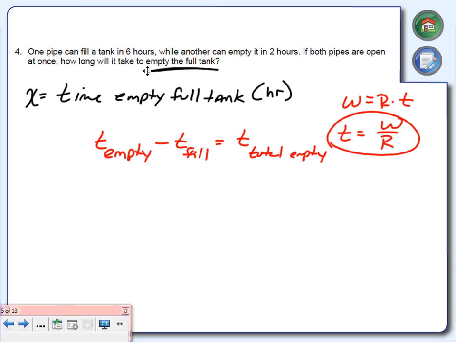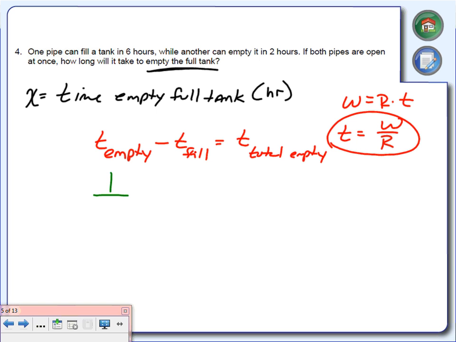All right, so let's start with the first one, empty. Time is work divided by rate. Well, the work we're doing here is emptying out this one tank. The rate, they told us how fast it could empty out this tank.